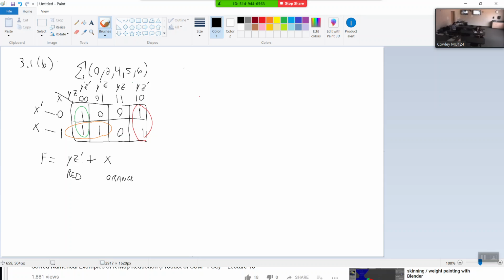Now, if I go up to the top here, you see I got y prime, z prime, y prime, z. So what goes here? Y prime. Because the Y primes are the same, aren't they? This one has a Z prime, this one has a Z. Since that's different, that's why it crosses off.